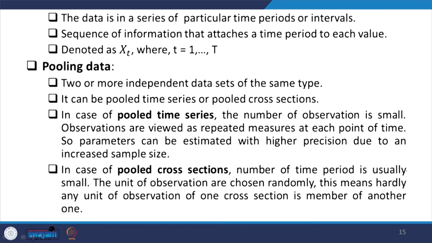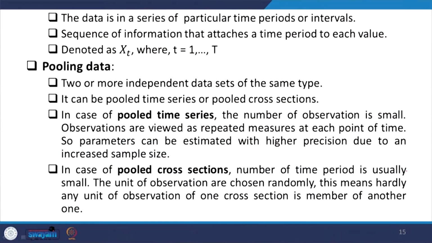Now, in the case of pooled time series, the number of observations is small, but T is large, as we have already mentioned. So, observations are viewed as repeated measures at each point of time, and parameters can be estimated with high precision due to an increased sample size.